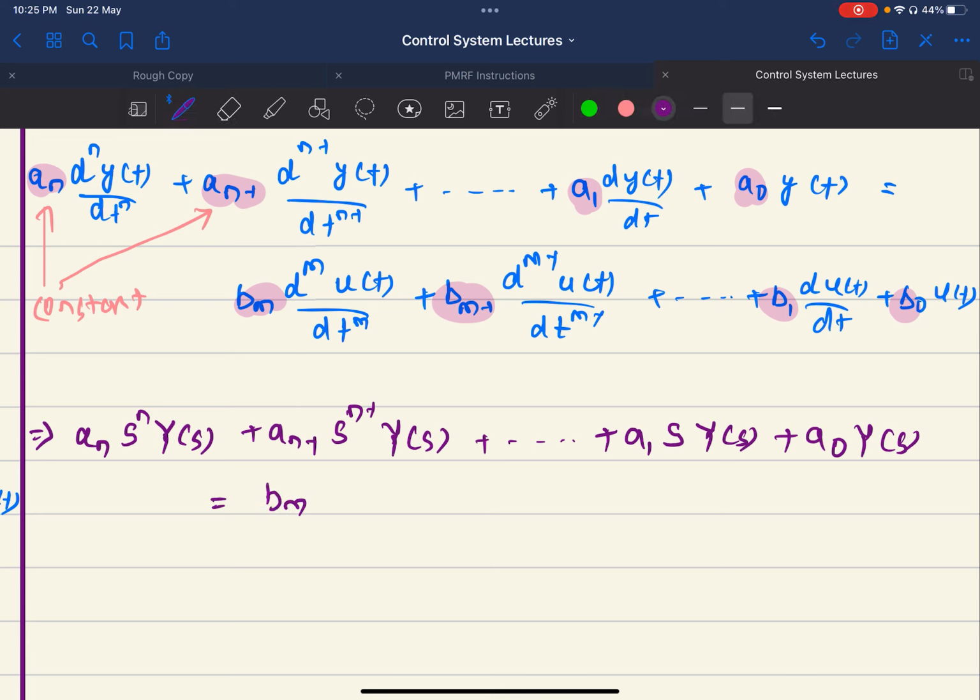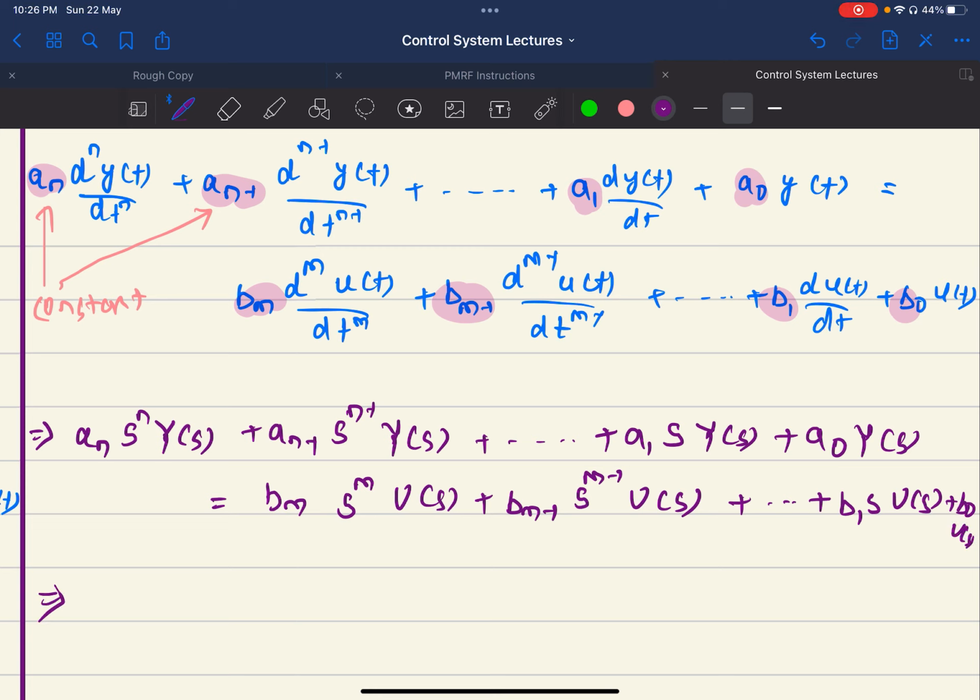bm s to the power m U of s plus b_(m-1) s to the power m minus 1 U of s, up to b1 s U of s plus b0 U of s.